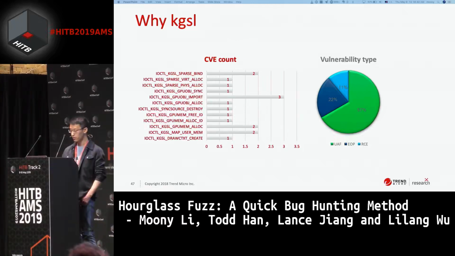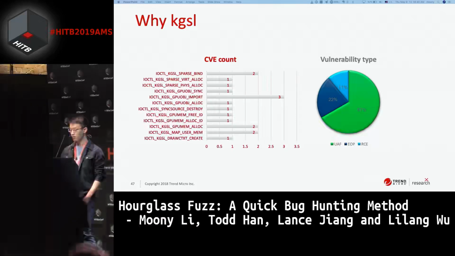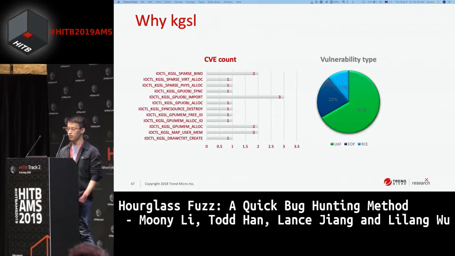As can be seen from the above picture, there are many UAF vulnerabilities in KGSL, which are very harmful. Analyzing these vulnerabilities, we found that they were mainly focused on memory allocation and resource risk.